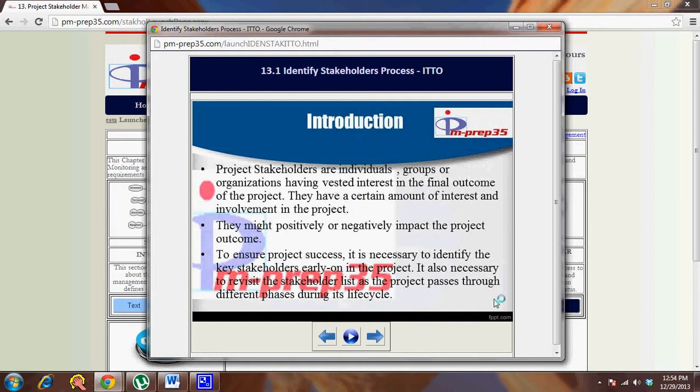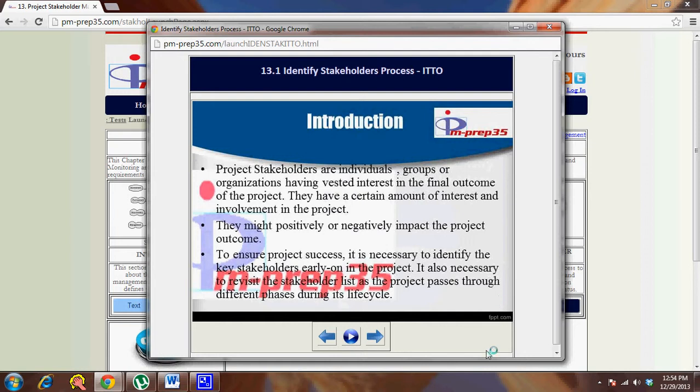For example, when you are developing your end product, you would probably want to take into account the end users, but initially while you're planning, you want to take note of the high-level senior management. So it depends on the phase you are in, and then you get the right stakeholders involved.